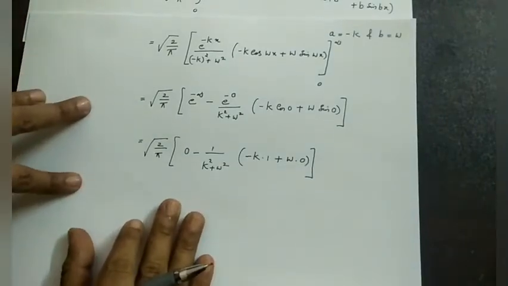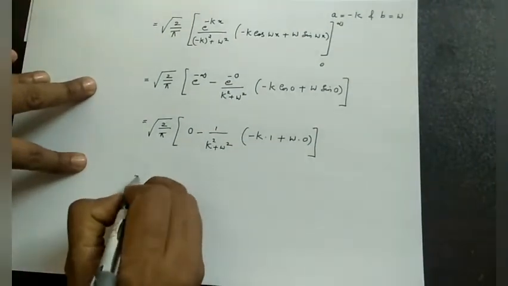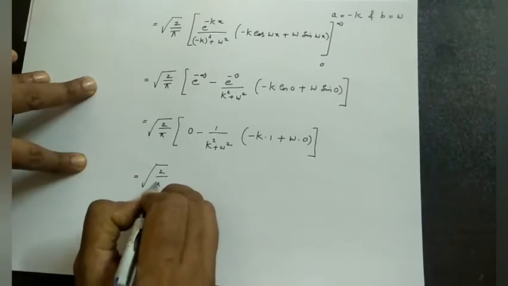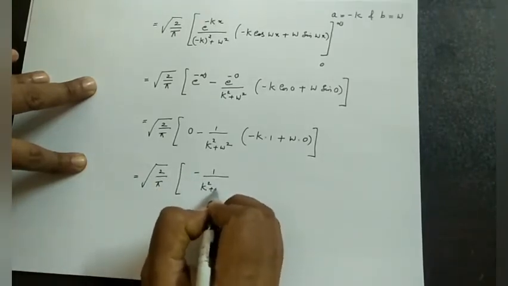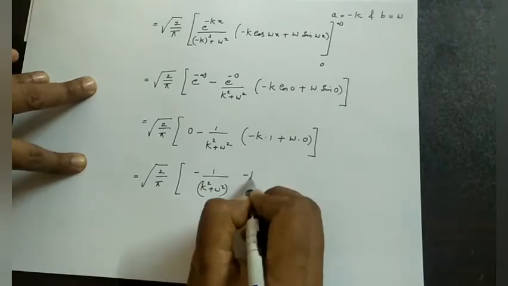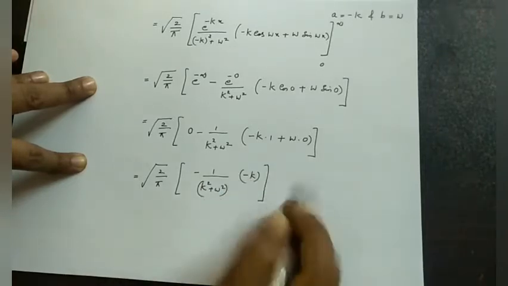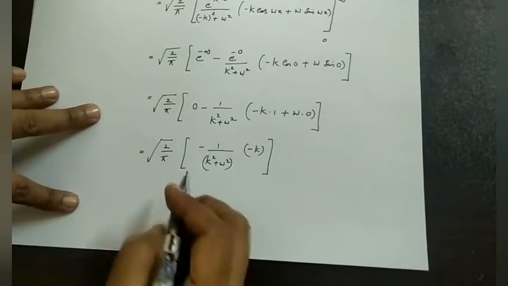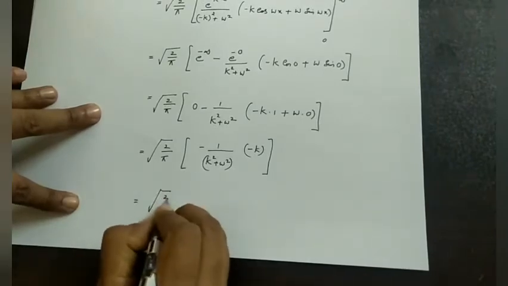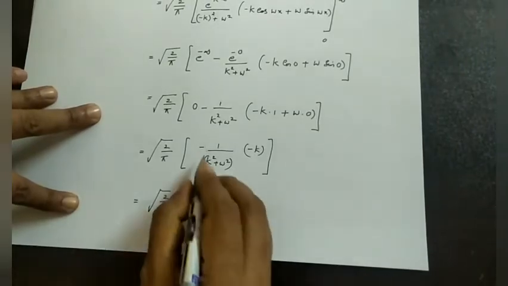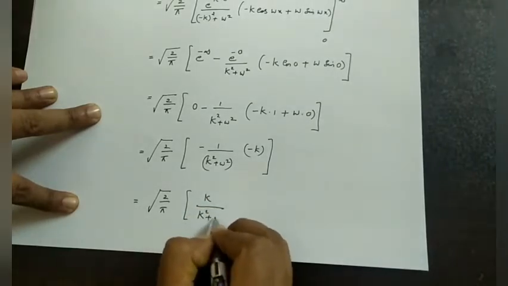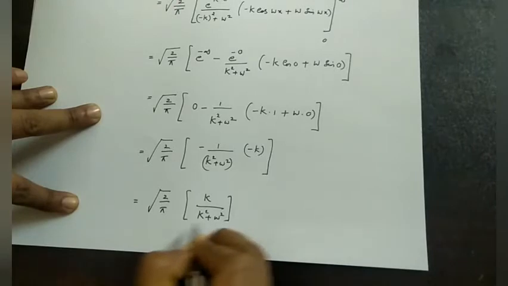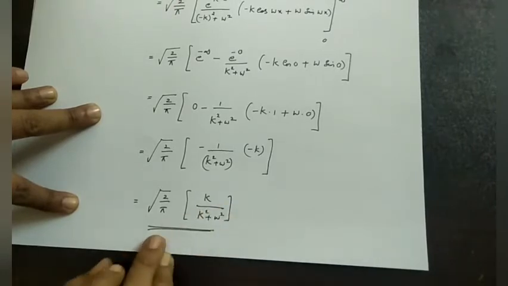Again we can write this as root 2 by pi into minus 1 by k square plus omega square into minus k, isn't it? Which is equal to root 2 by pi into minus into minus plus k by k square plus omega square. That is the final answer, that is the Fourier cosine transform.